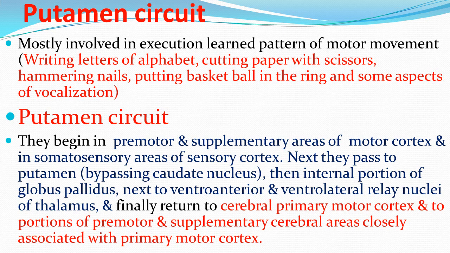From the putamen, it passes to the globus pallidus internus, the middle part of the globus pallidus, from where it passes to the thalamus. The thalamus is the middle nucleus through which the cerebral cortex is connected with the basal nuclei. The thalamus sends fibers to the motor cortex to execute the function.